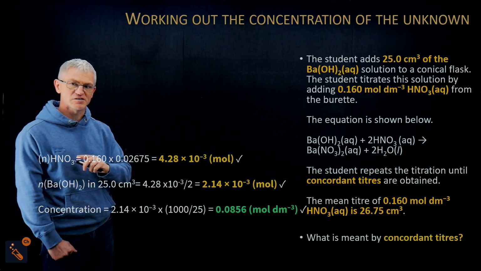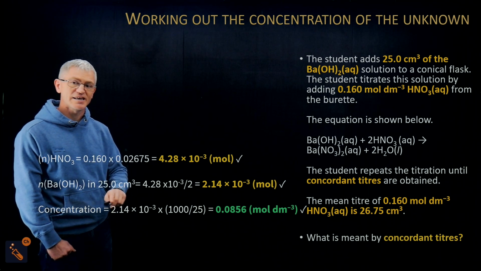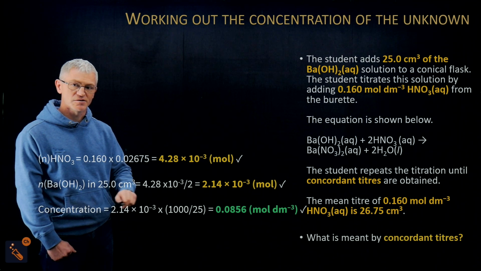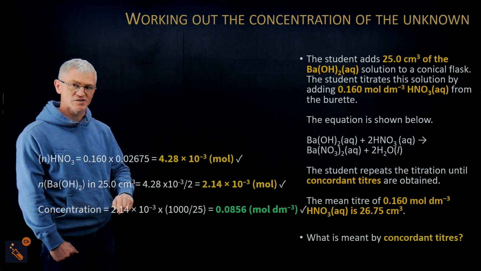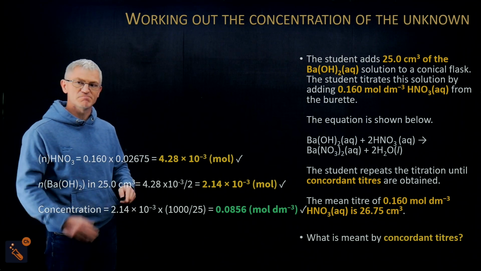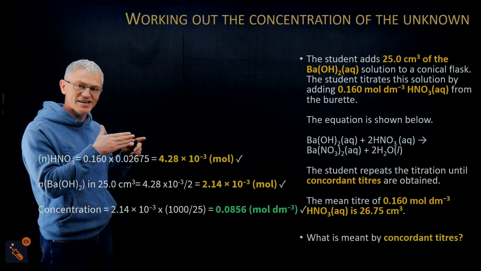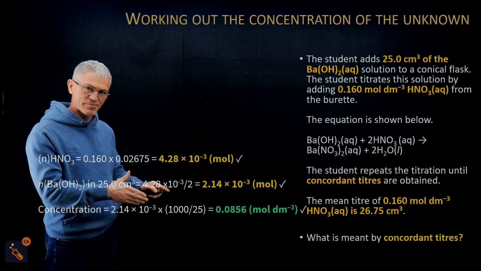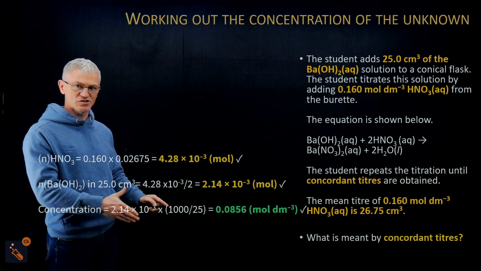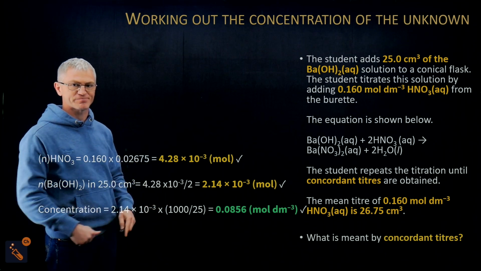So to find the concentration, we know the number of moles here, which is 2.41, is the number of moles in 25 centimetres cubed. Now you can do this last bit in multiple ways, but I'm going to explain this because this is what you'll see in exam mark schemes, and often students don't understand what it means.